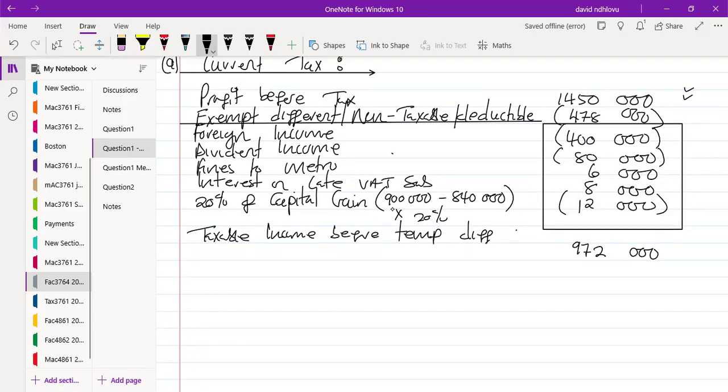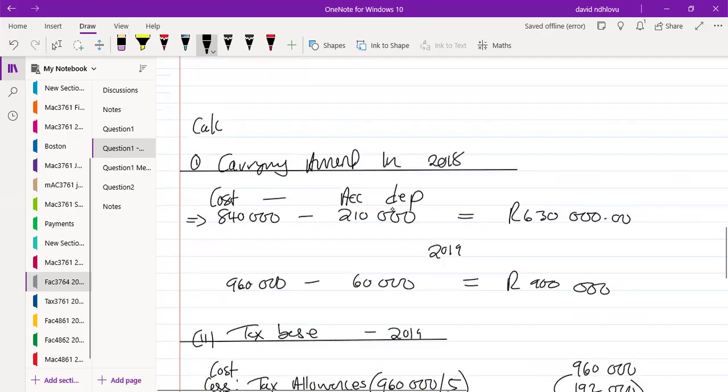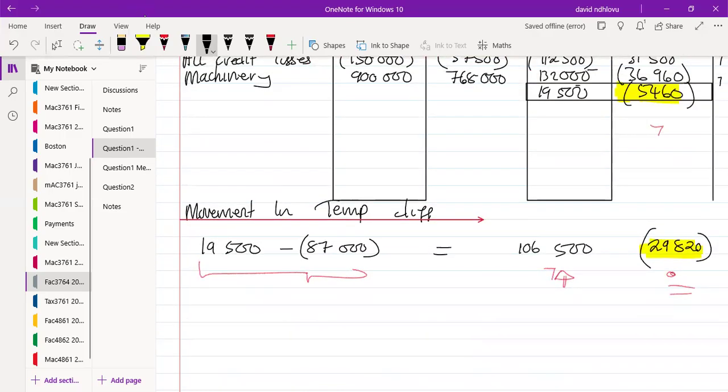Then we bring in movement in temporary differences. Right, so this is what we now bring on. Just answering someone in the group. The movement in temporary differences now, you go and take this figure.